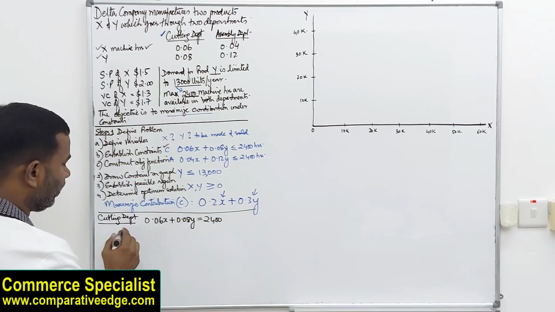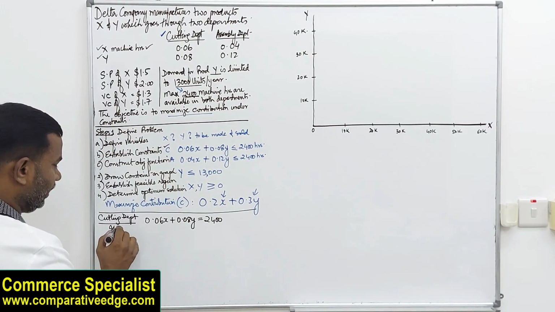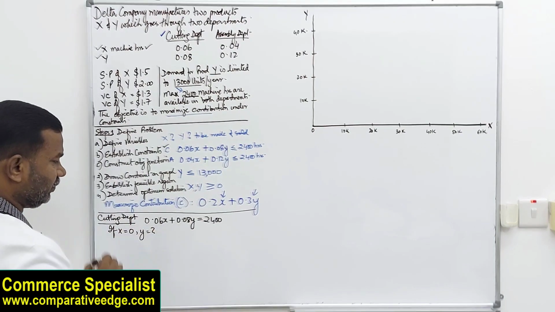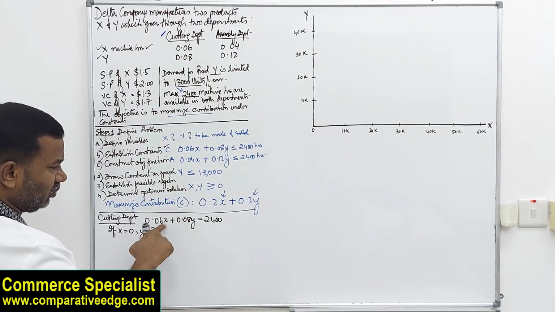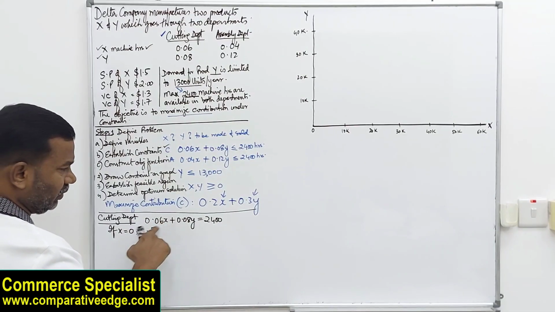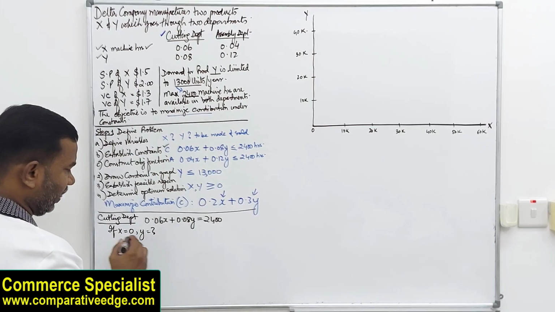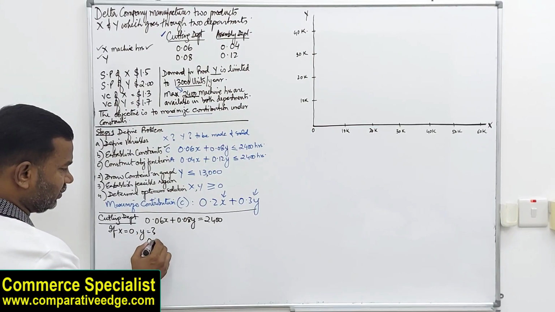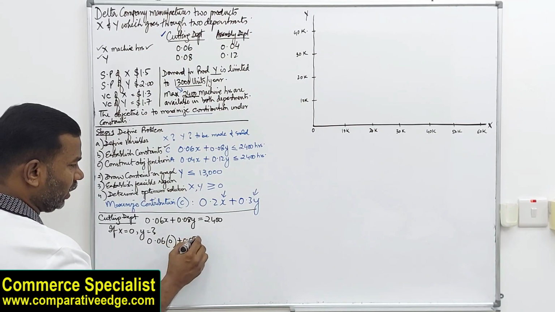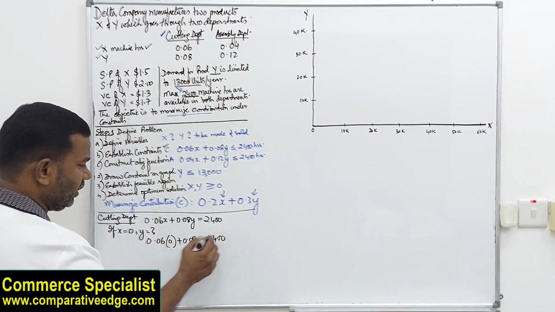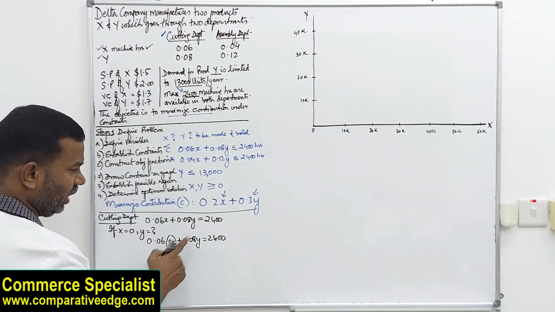So I want to know if x is equal to 0, y would be how much? If I put x equals 0, 0.06 into 0 will eliminate. So it will look like 0.06 into 0 plus 0.08y is equal to 2400. Obviously anything into 0 will be 0.